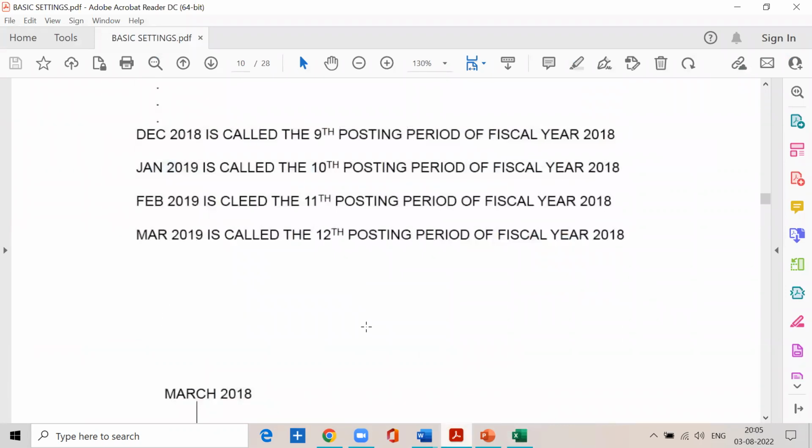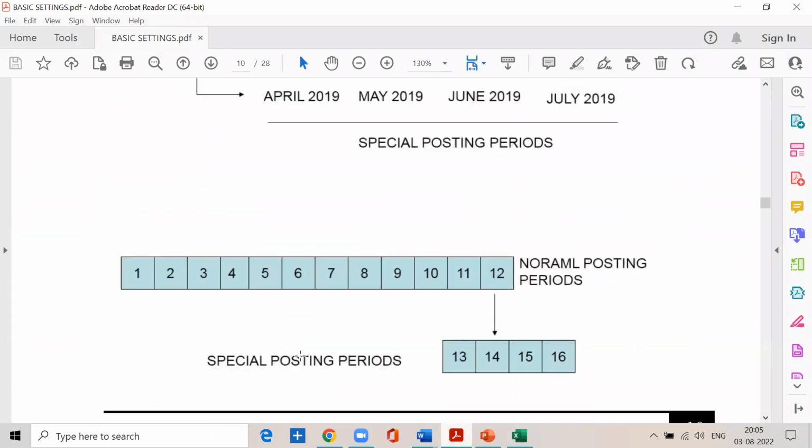Now, write down here. Below this slide, some space is there. Please write down here.